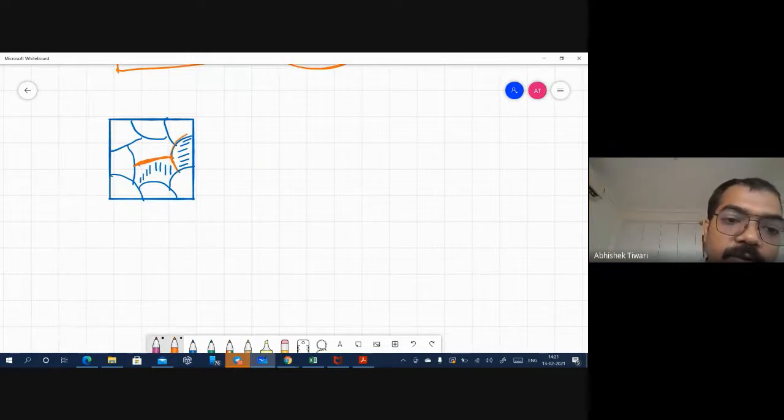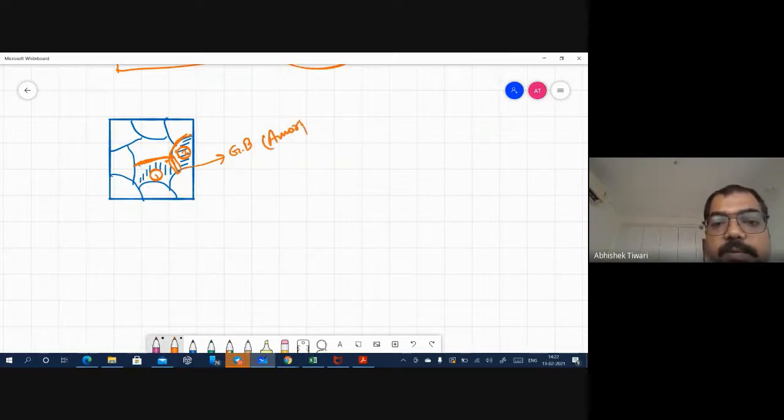So they don't have the orientation of this grain or this grain here. So this is the reason for the discontinuity between grain number 1 and grain number 2. And that part which we call grain boundary is the amorphous part of the material in the metallic material, and this part is the crystalline part.